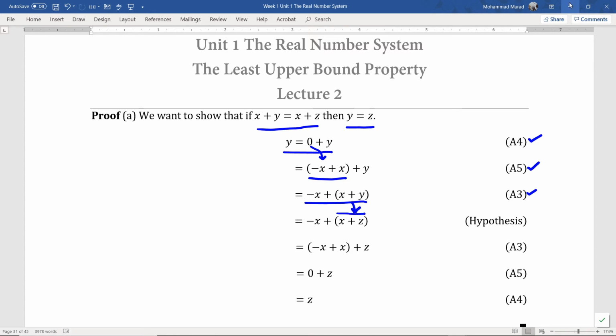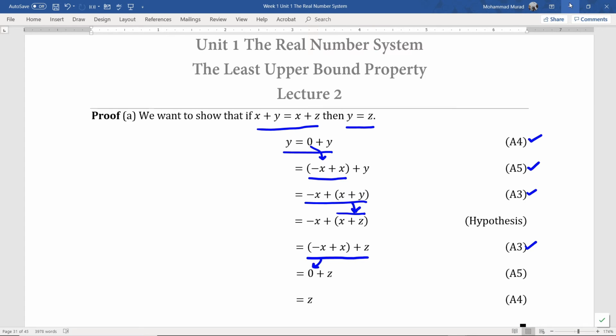Then we can apply the associative law for addition, which is A3, and a repeated application of A5, namely negative x plus x is 0.